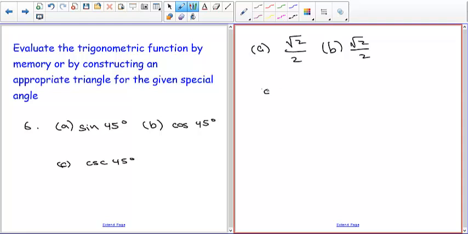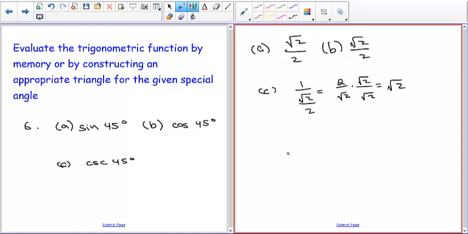And C is going to be 1 divided by the square root of 2 over 2, which is 2 divided by the square root of 2, which if you multiply the numerator and the denominator by the square root of 2, you'll get the square root of 2. So that's the cosecant, which is also the secant because these have the same value.